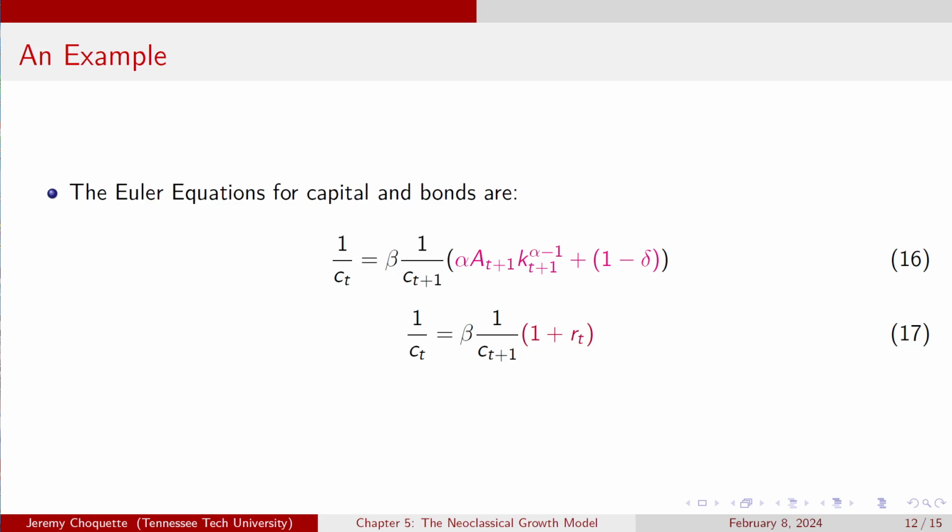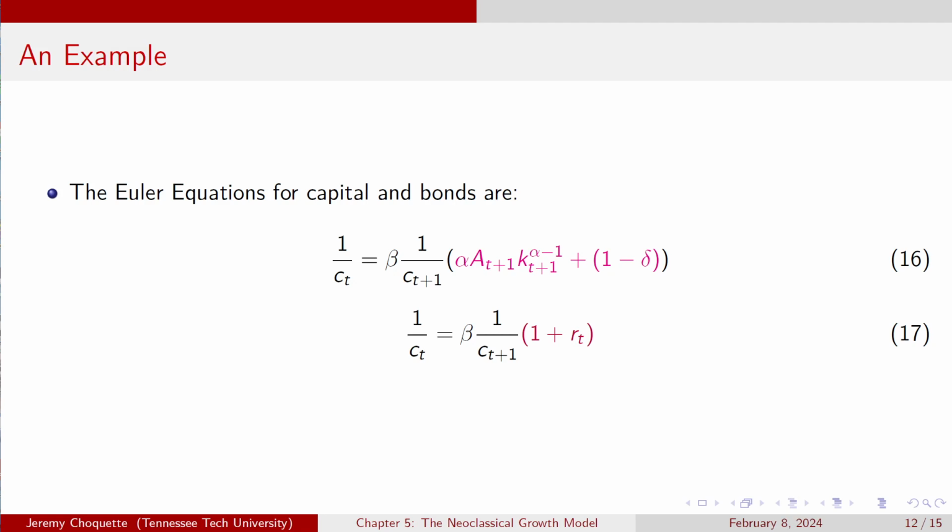Now, here's the cool thing. Look at equation 16 and see if you can rewrite what's in pink to give you something a little closer to what you have in equation 17 in the red. Take that 1 out of the parentheses for that 1 minus delta, put that in front, and write it as 1 plus alpha times at plus 1 times kt plus 1 to the alpha minus 1 minus delta.